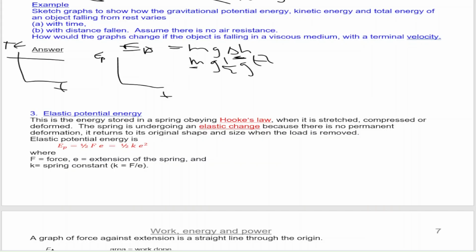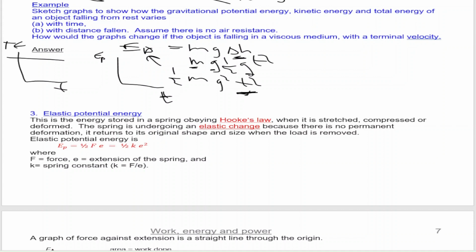So what it means, mg is a constant, then there's another g, so it becomes g squared. So half mg squared t squared is the one that's related to EP. So as you can see, this is a quadratic function if you're to plot against t.